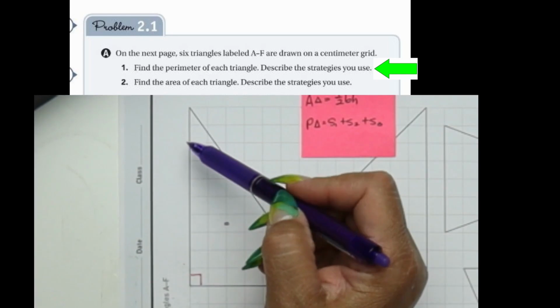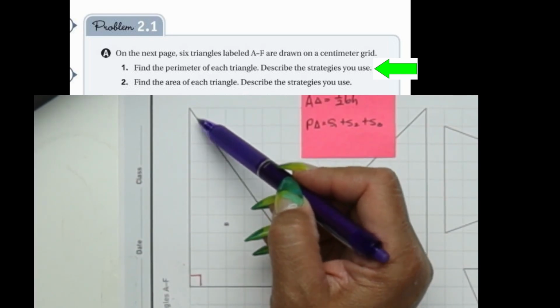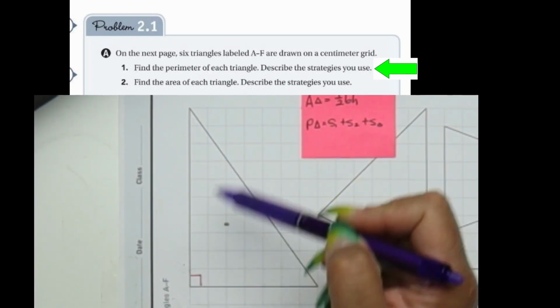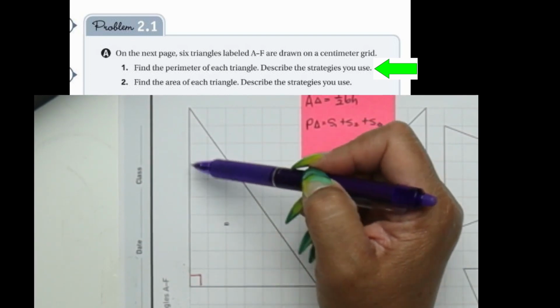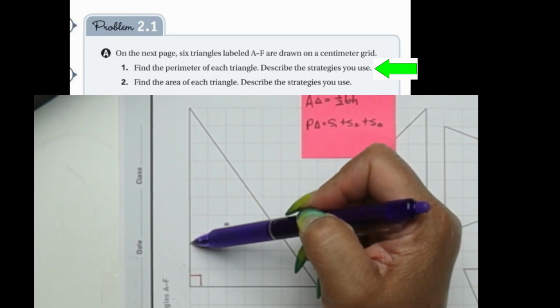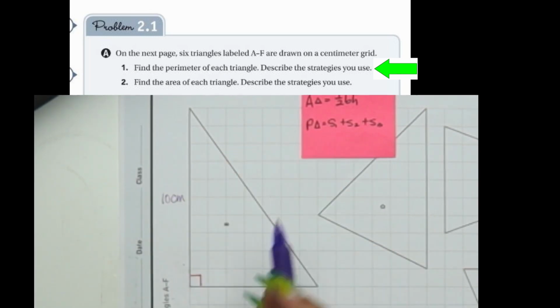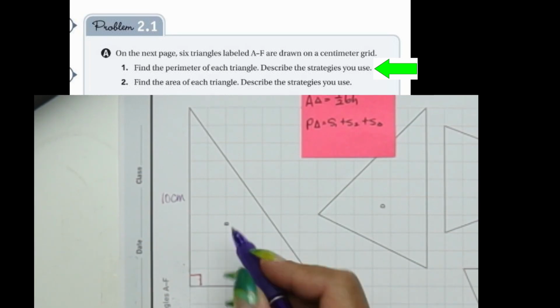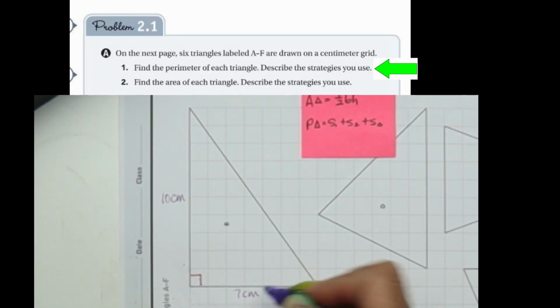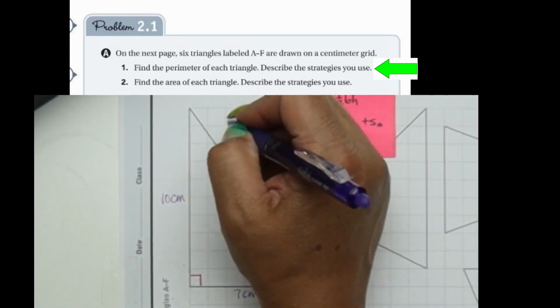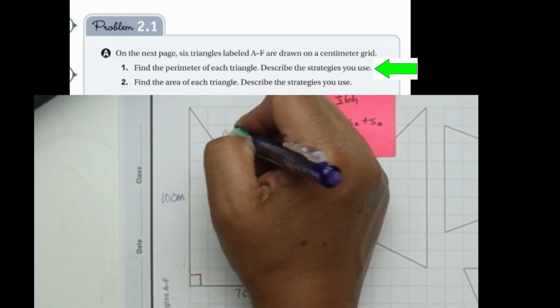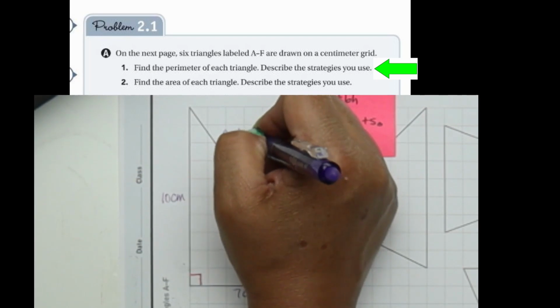Okay, I'm going to count how many centimeters the height and the base are. So 1, 2, 3, 4, 5, 6, 7, 8, 9, 10. So this is 10 centimeters. And this is 1, 2, 3, 4, 5, 6, 7 centimeters. So area equals 1/2 of the base times the height.